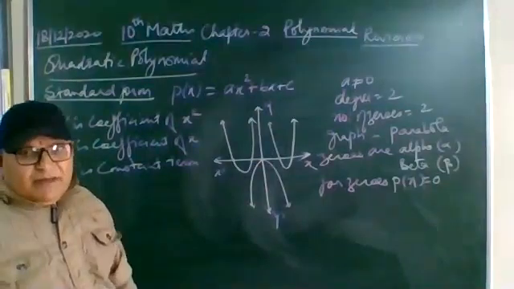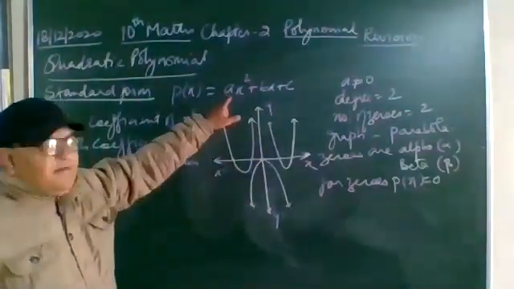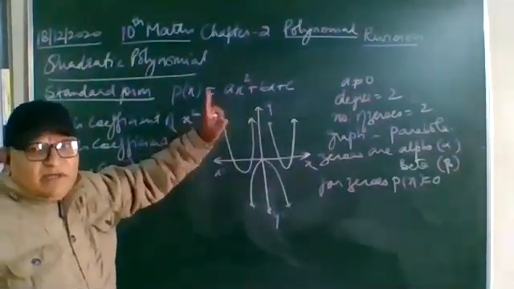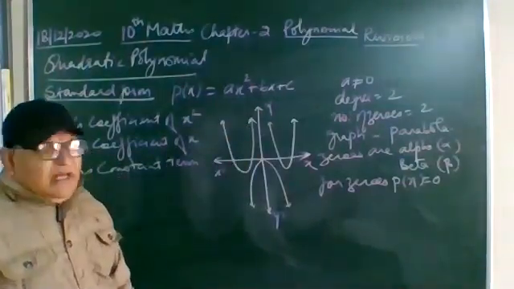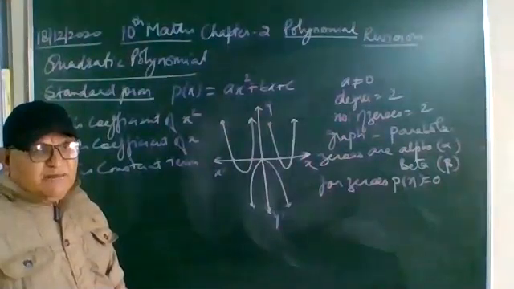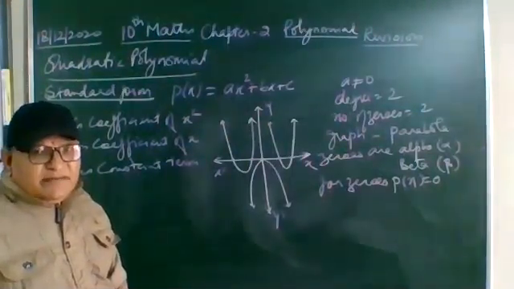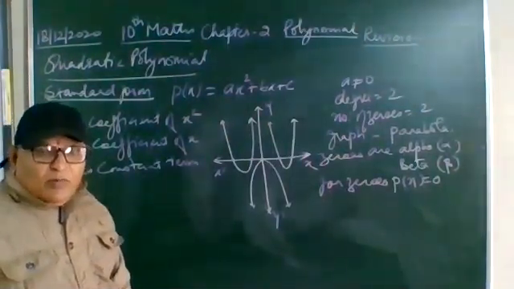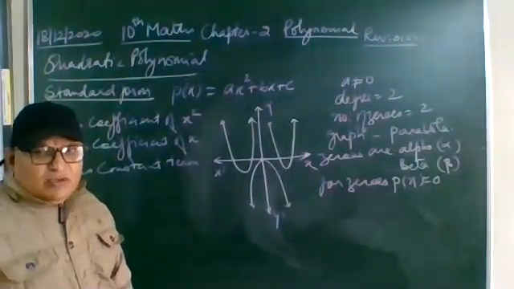The opening of the parabola depends on the coefficient of x square. If the coefficient of x square is positive, then the parabola opens upward, and if it is negative, then the parabola opens downward. So that is very important.